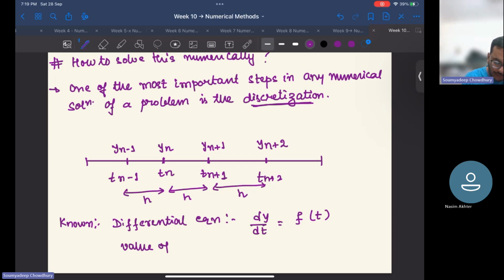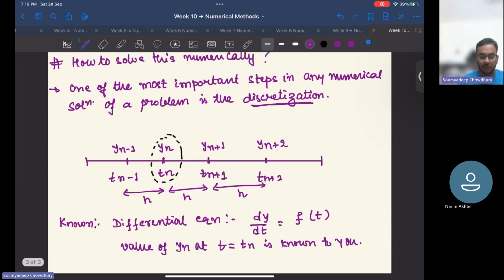Suppose the value at point n is known to you, the value of yn at t equal to tn is known to you. So these things will be known to you.